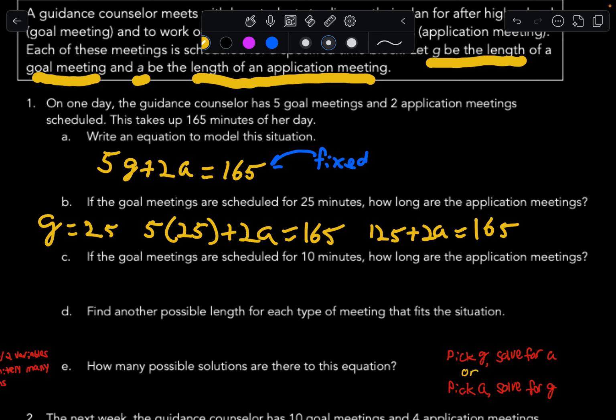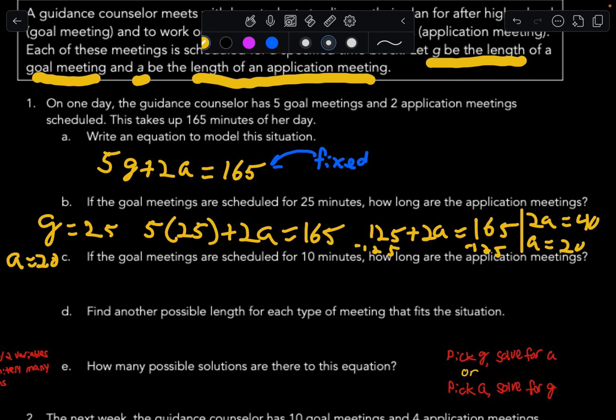We first have to peel off the number being added by subtracting 125. You get 2A equals 40. Then divide by 2 and you get A equals 20. So when G is 25, A equals 20 minutes.